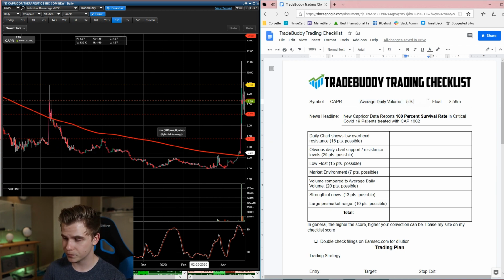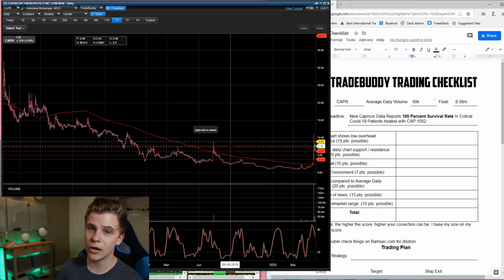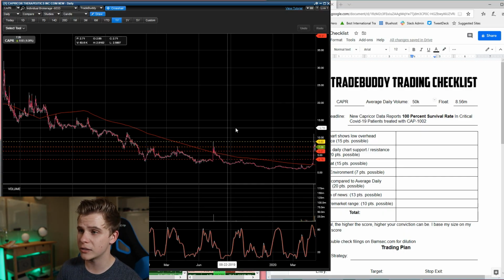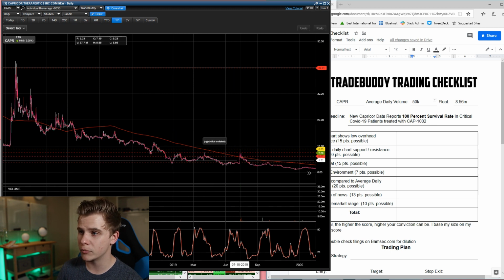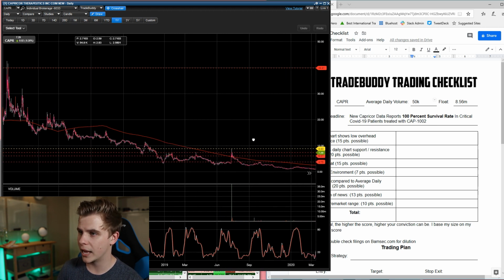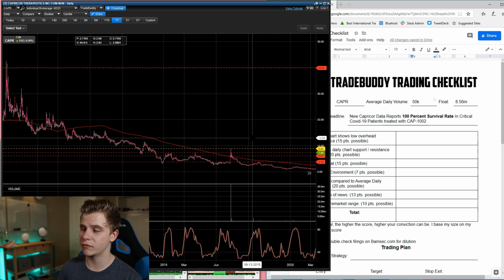The main thing that I want to verify is, are there any long-term bag holders trapped on this stock? And when it has a low average daily volume, that generally means people don't trade this stock so actively, so there's less chance of there being lots of long-term bag holders. This stock has low overhead resistance because it doesn't have that much volume up over it, and it doesn't seem like it's going to have lots of bag holders in it.